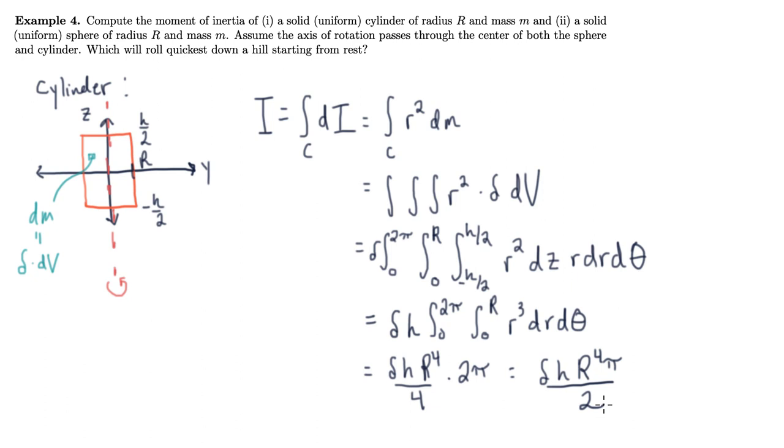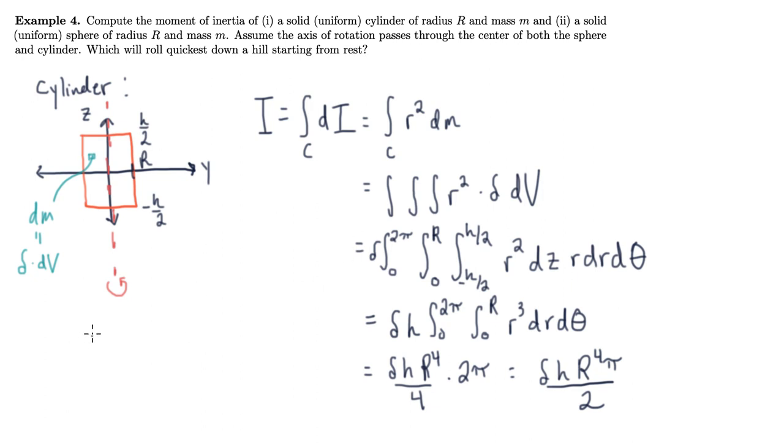Okay, so that's the answer, but I would like the answer to not depend on delta. And so actually I can express delta in terms of the mass, because I really want to express the moment of inertia involved with just the mass of the object, and maybe something about the dimensions.